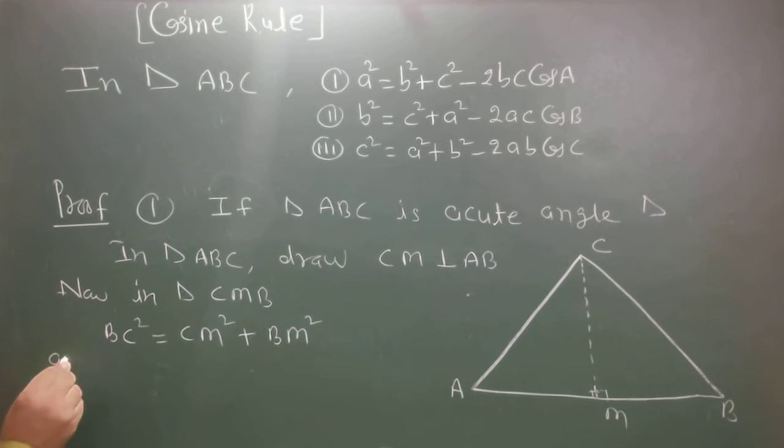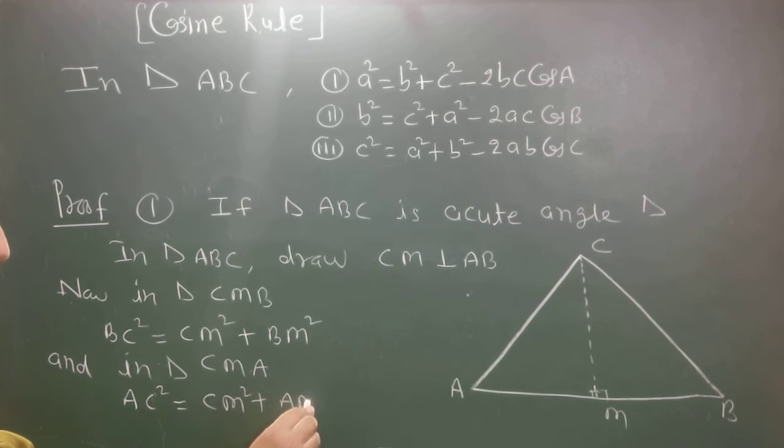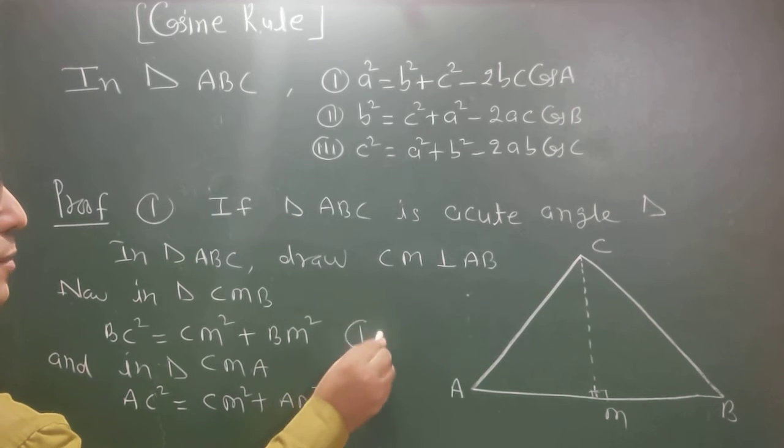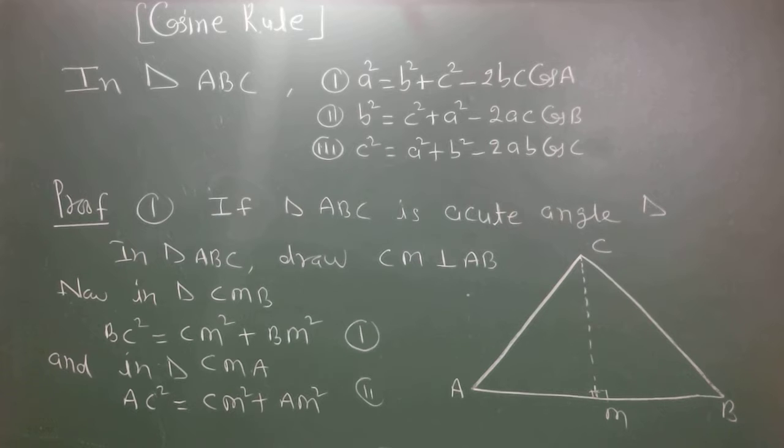And in triangle CMA, I apply the Pythagoras theorem again. So we have AC square equals CM square plus AM square. This is equation number 1, and assume this is equation number 2.